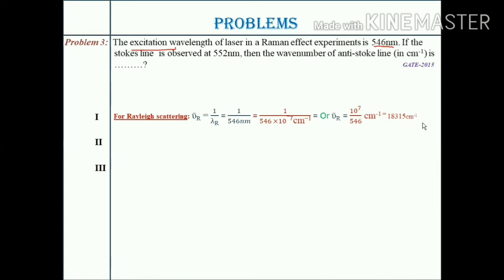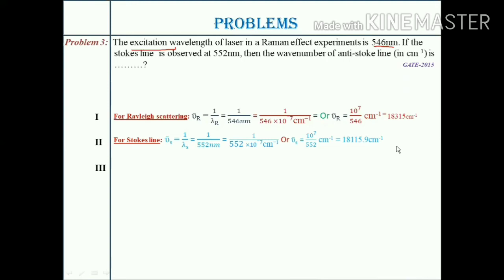Now let's proceed. The second part of the question says that the Stokes line is observed at 552 nanometer. The same process I will do for the Stokes line also, as I did in the previous question. For the Stokes line, wave number can be calculated as the inverse of wavelength. So definitely it is 18115.9 centimeter inverse.